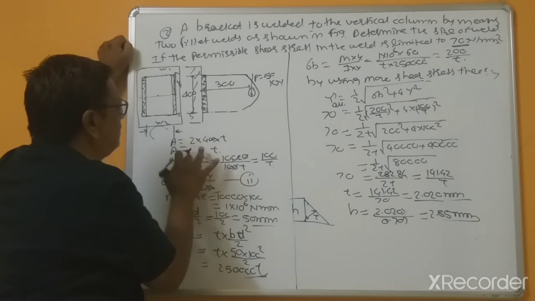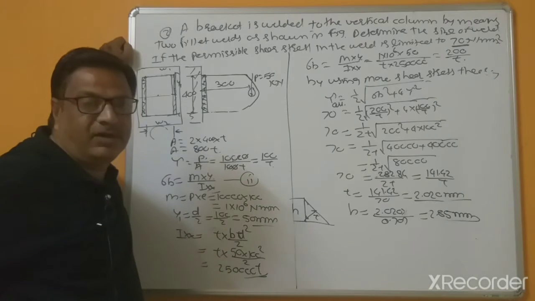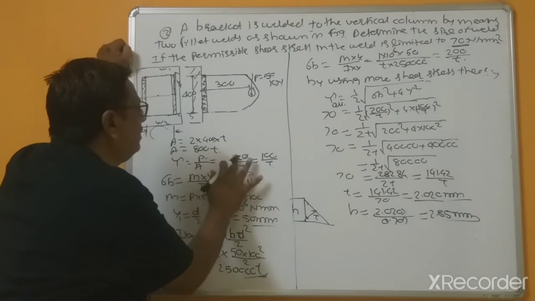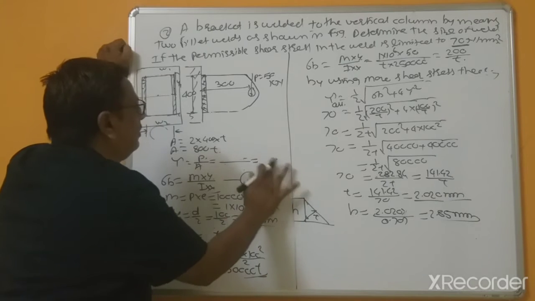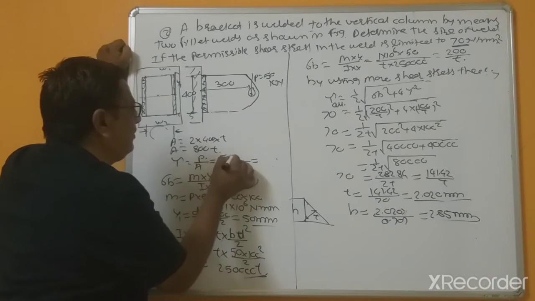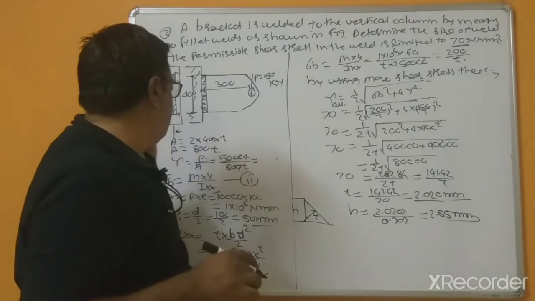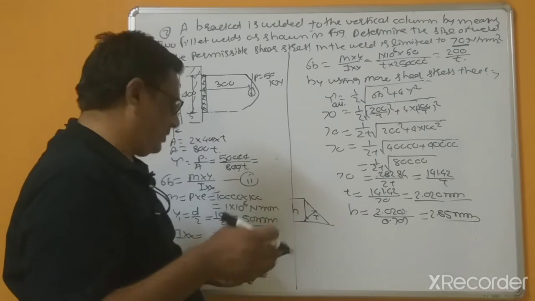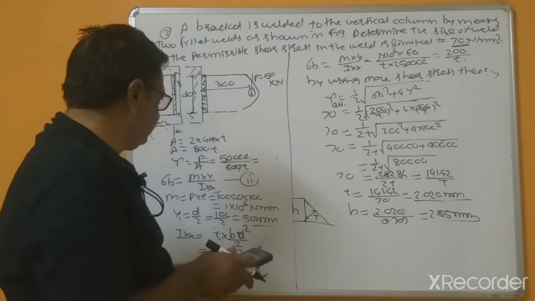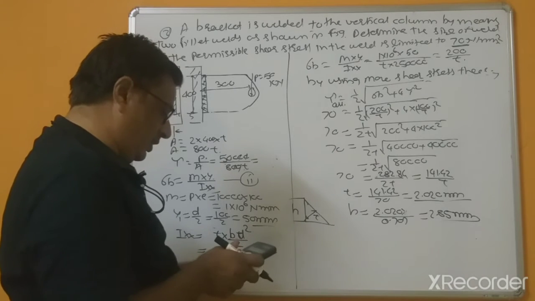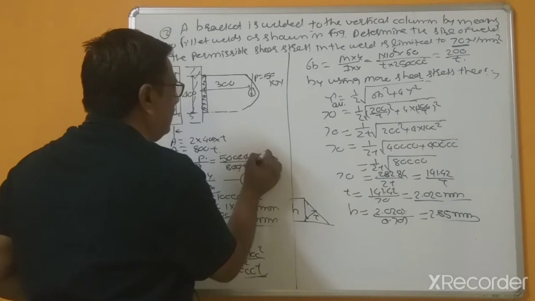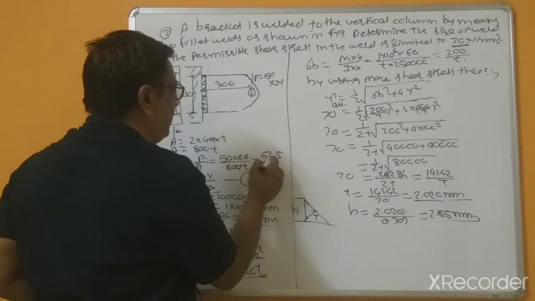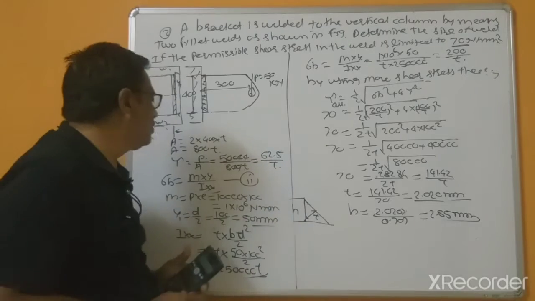That's why this becomes 800 T. And P equal to 50,000, and A equal to 800 T, zeros get cancelled and 500 divided by 8, which is 62.5. So 62.5 divided by T, where T is the throat.